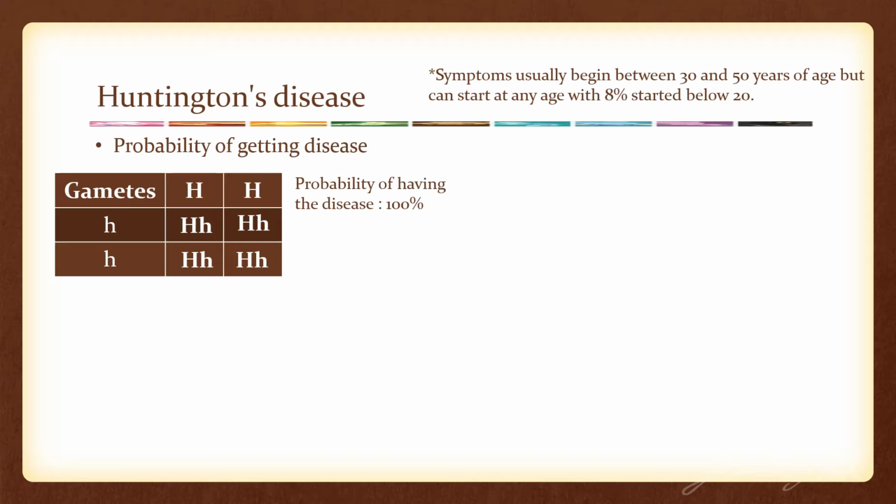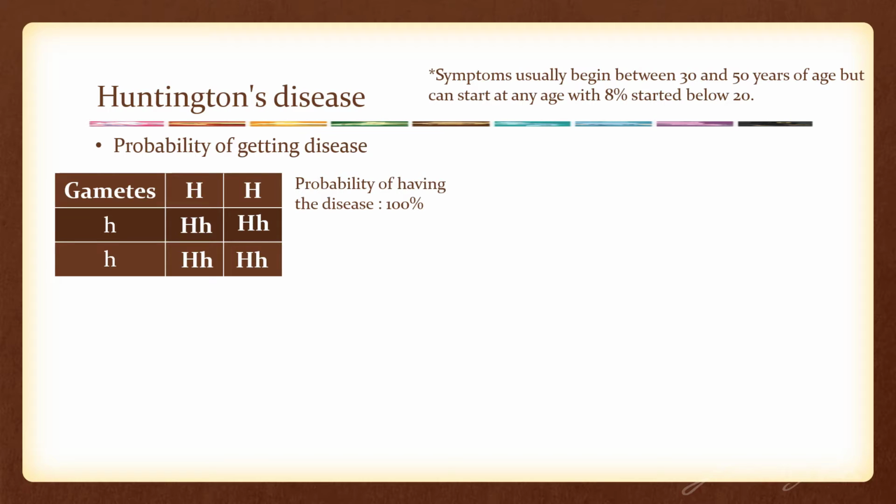Although it can start at any age, only 8% started below the age of 20. So a person might not know whether he or she has the Huntington disease and might reproduce before the age of 30. So this is why even though Huntington disease is caused by a dominant allele, the patient might still have offspring.